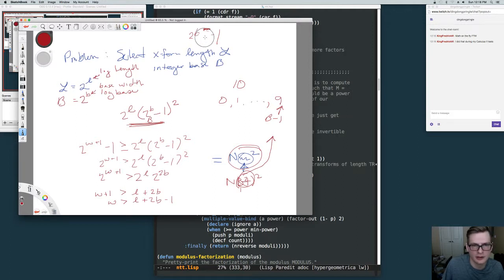I'm going to write it in some pretty color. Let's do bright red. So our lower bound is L plus 2b minus 1, which should be less than our word length. But now we need something else here to bound it above to make search possible.